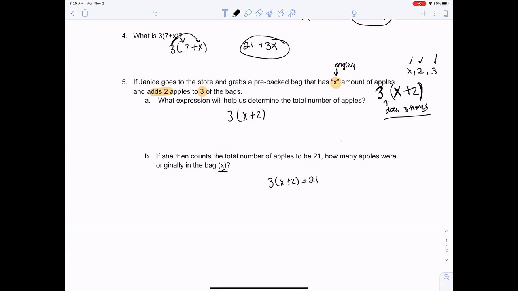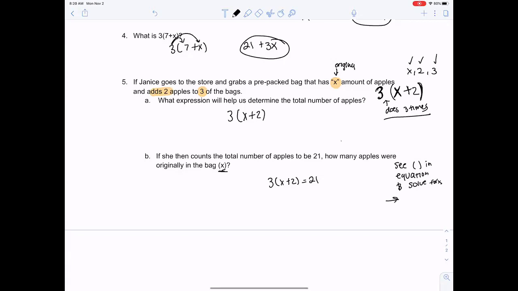If you remember from our Wednesday, Thursday session, whenever we see parentheses in an equation and we're being asked to solve for x, we want to distribute.